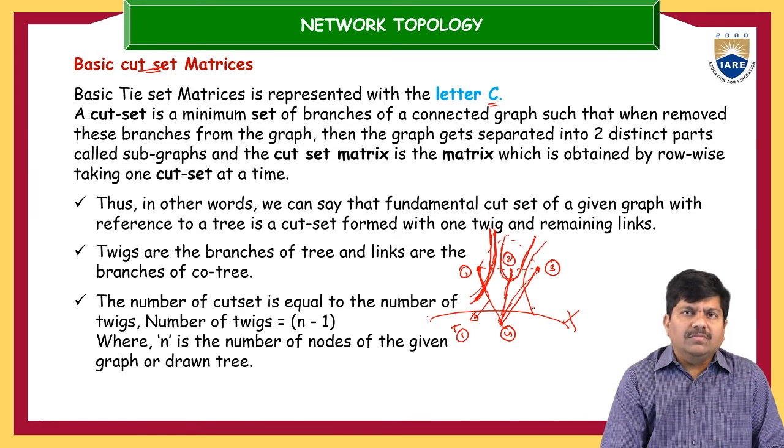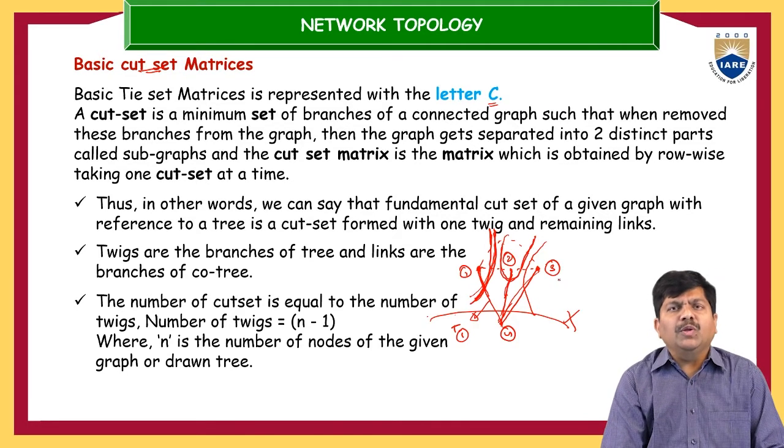So, here is one important point. You can divide the total graph into any number of parts, but the cutting should be through a twig. If you are going to divide the total graph into two parts by cutting any twig, that could be a basic cut set.